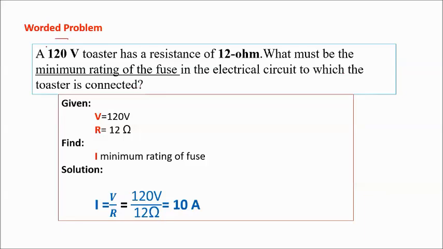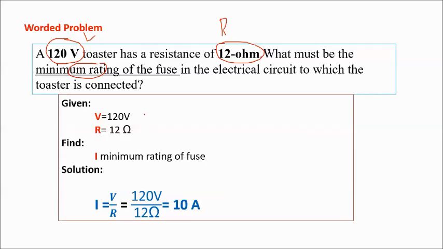So take note of the quantities given. We're given V, and we are also given R, V and R. And we are going to find the minimum rating of the fuse. That's I. No? So the rating of fuse is expressed in terms of amperes.